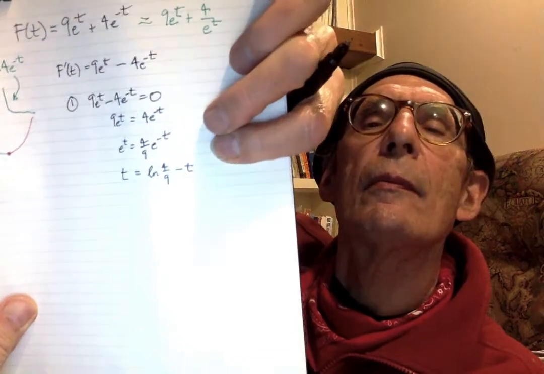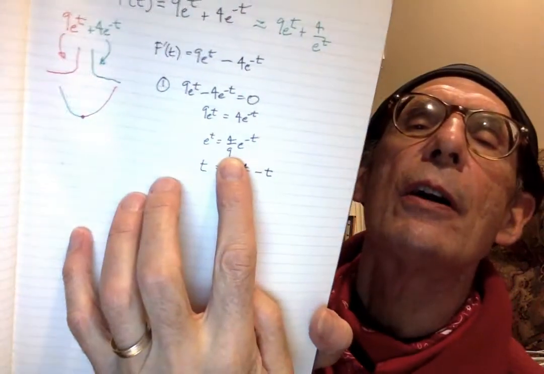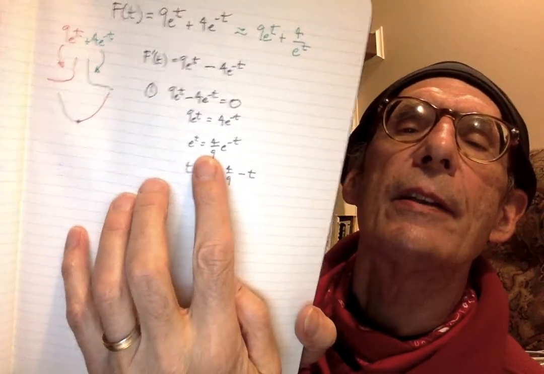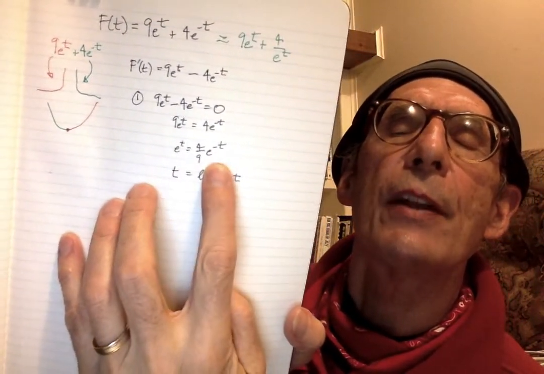On the left here, we've got t, and on the right we have the natural log of 4/9 times e to the minus t. The natural log of a product is the sum of the natural logs.